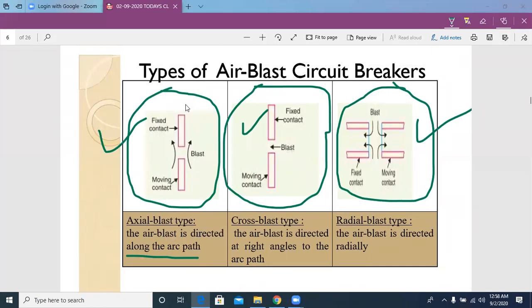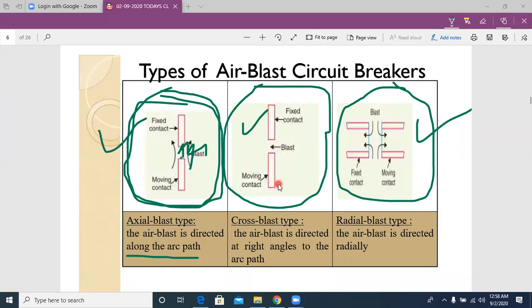We can see that in this diagram: the airflow is along the arc.